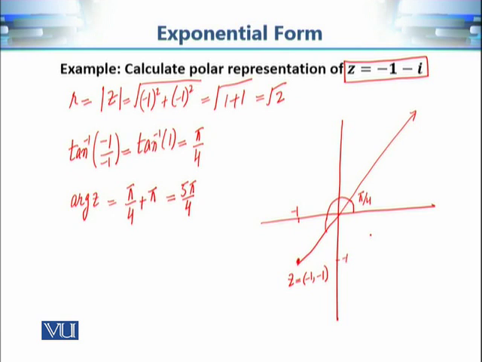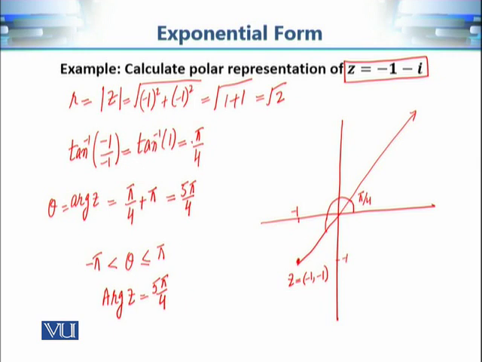Now if we want to find the principal value of the argument of z, we need to see whether this angle theta satisfies the relation that theta lies between minus pi and pi, not including minus pi. Observe that this value of the argument of z lies in this interval. So we can say that the principal argument of z is equal to 5 pi by 4.